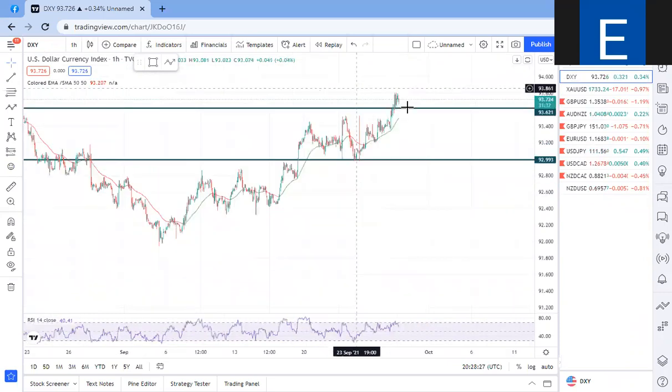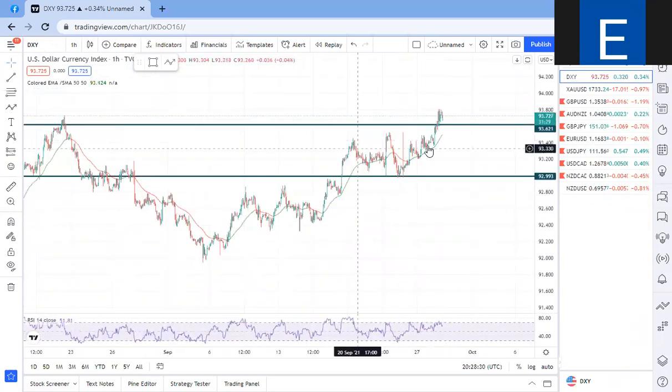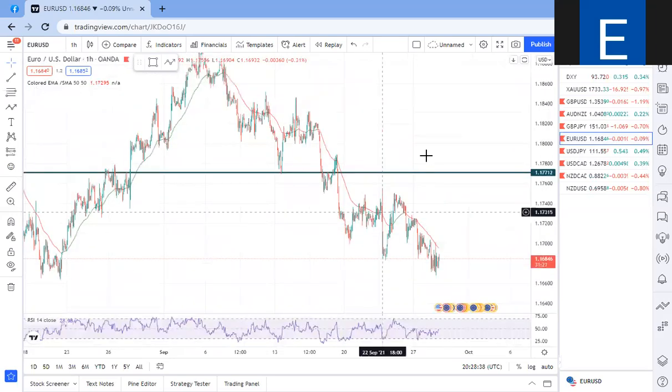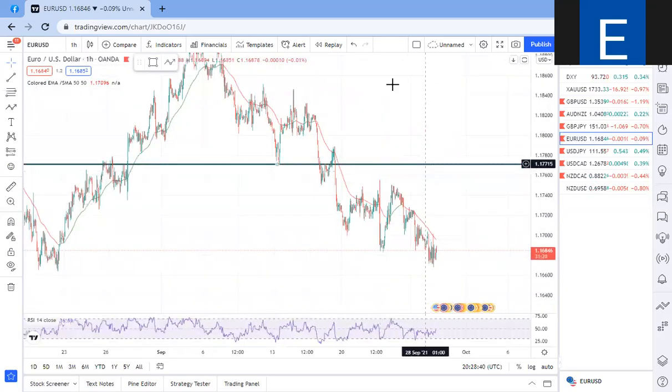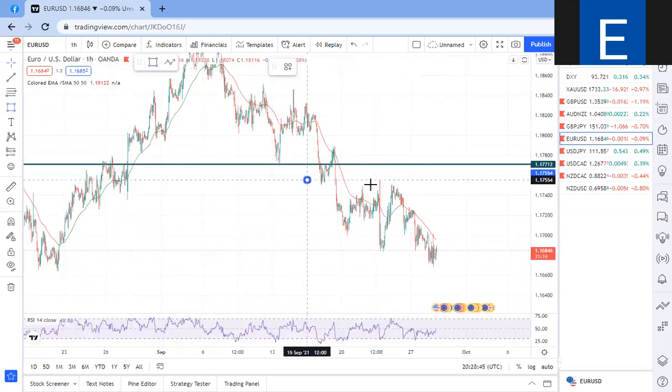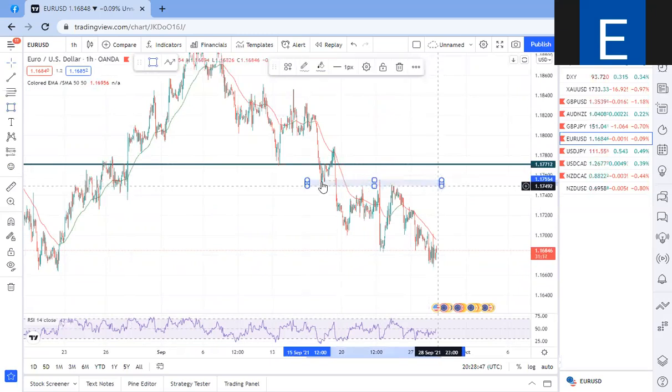As you can see here, you will see the same inverse price action on the EURUSD. Let's go to the EURUSD. Price is actually doing the opposite. You can see how price broke below the support level and retested it as resistance.